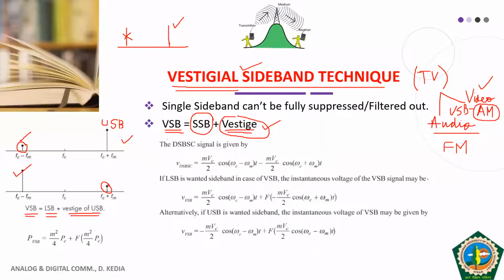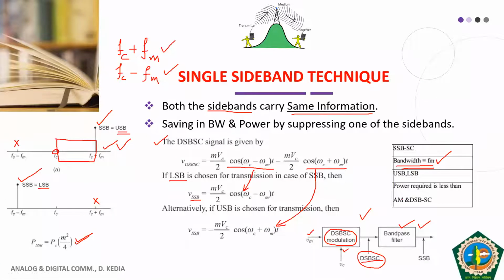Now the question arises, why do we do that? The answer is, I told you in the previous slide how we obtain single sideband: by using a band pass filter at the output of the double sideband suppressed carrier.